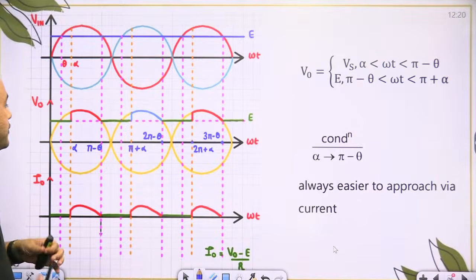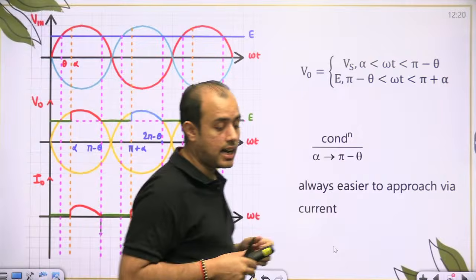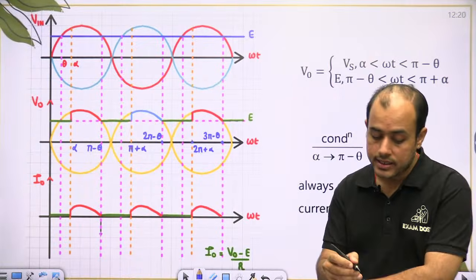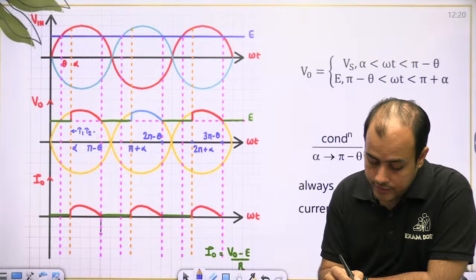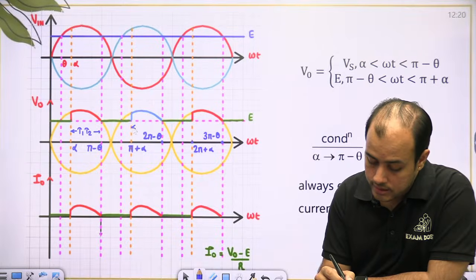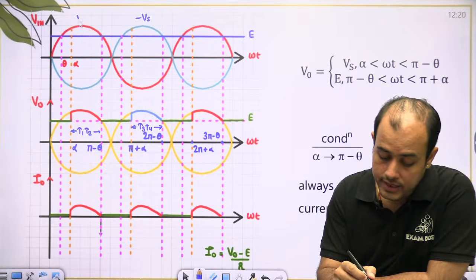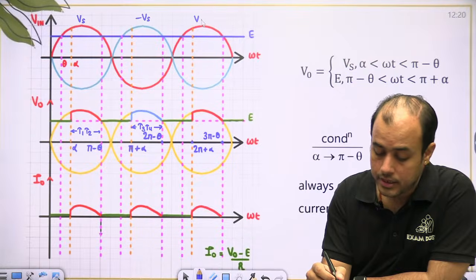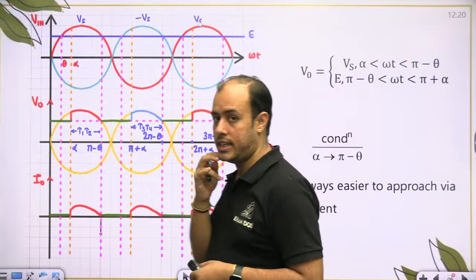So now if you see, when T1, T2 are conducting, then output is same as the red curve, that is Vs. When T3, T4 are conducting, the output is same as blue curve, that is minus Vs. And when none of them is conducting, then output is E. जब कोई भी conduct ना करे तो output E है.